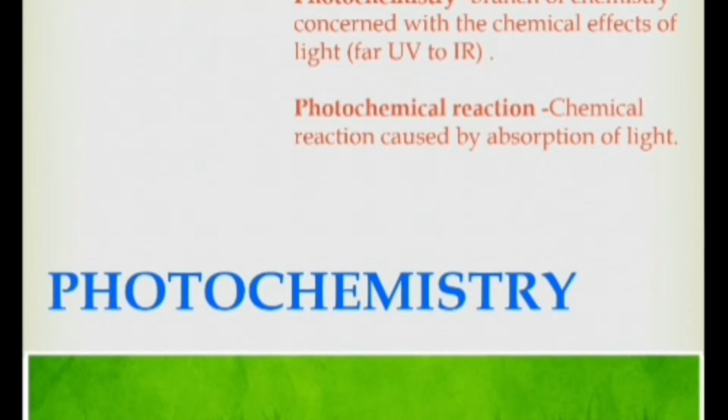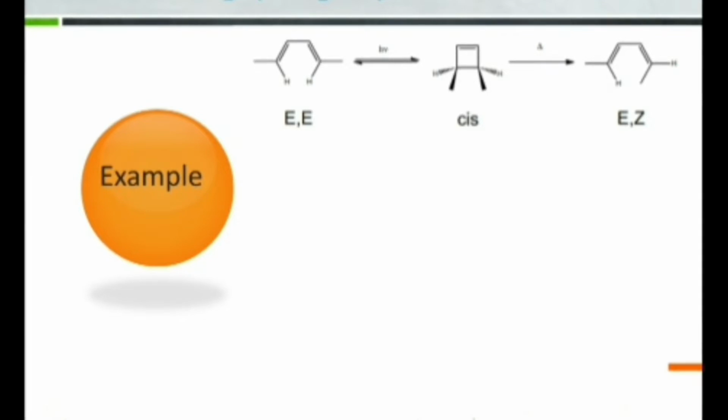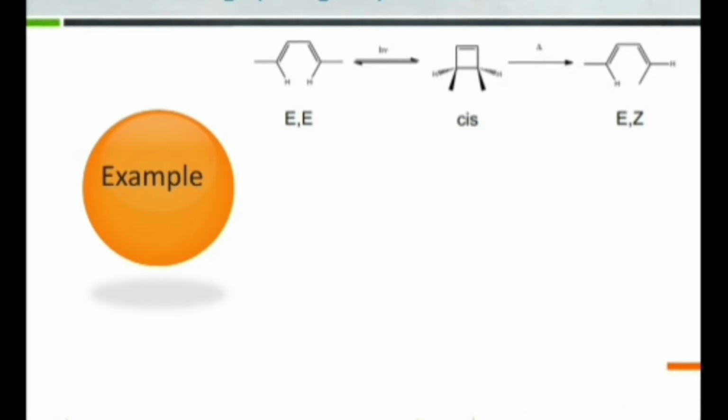We are supposed to go through many organic reactions, and as far as organic compounds are concerned, photochemistry is very important. You could see a typical reaction over here. I have taken cis cyclobutene and it is going for ring opening.